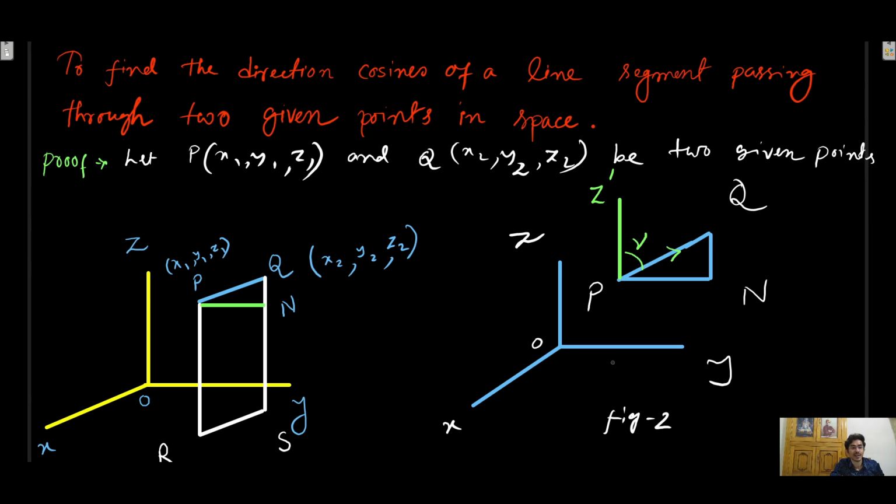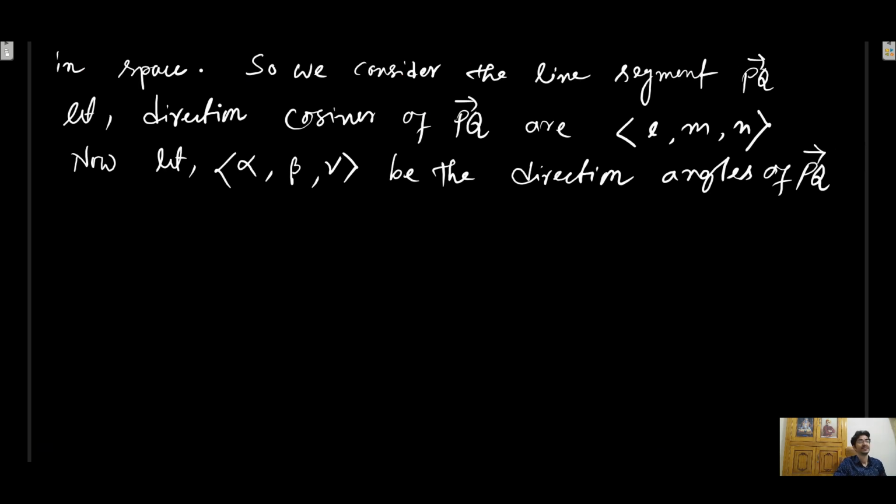Now you see in figure 2 that PZ dash and QN are parallel lines and this PQ is a transversal. So this angle is also gamma.